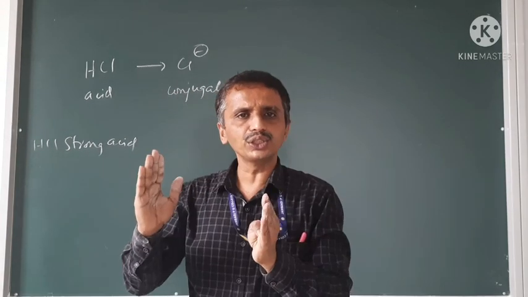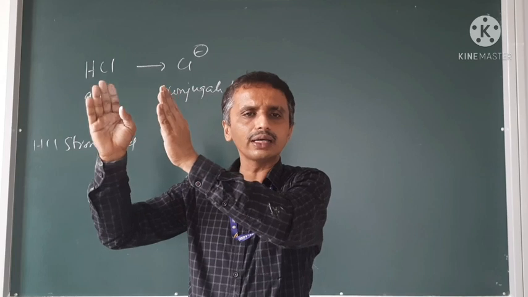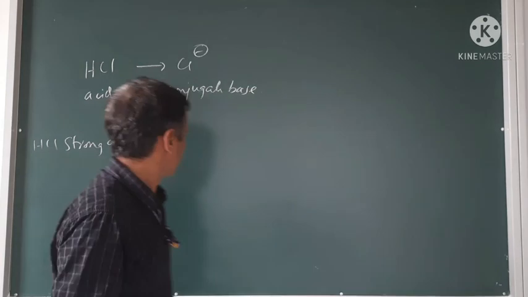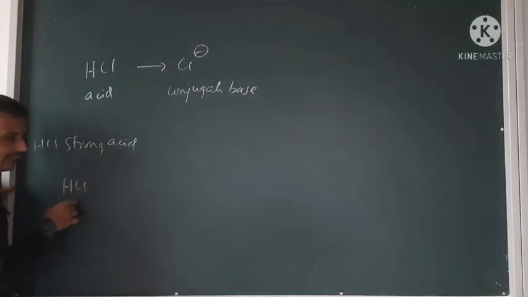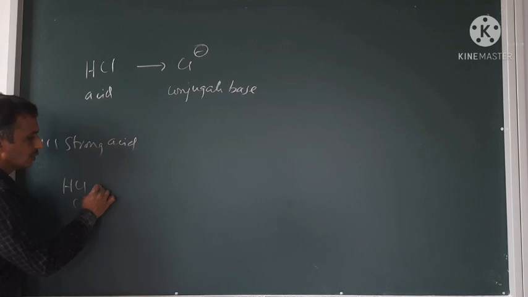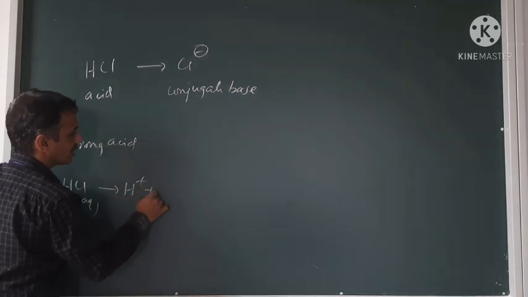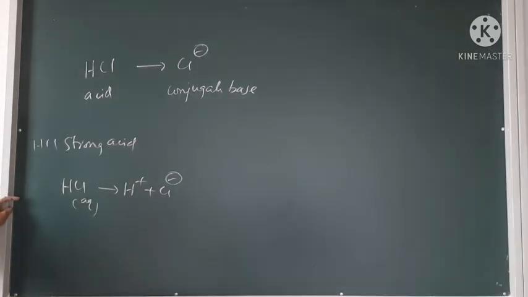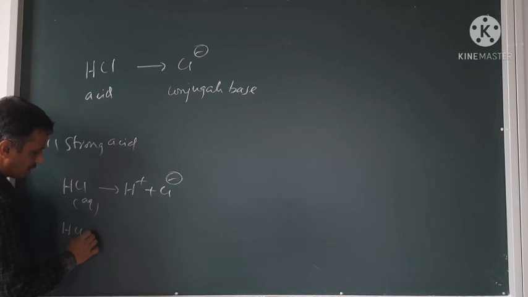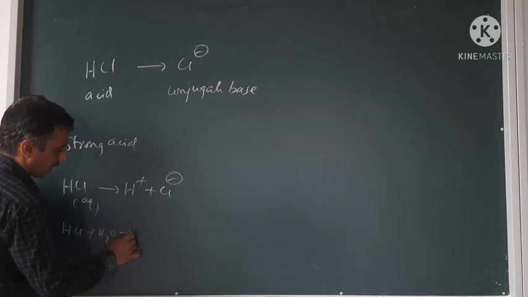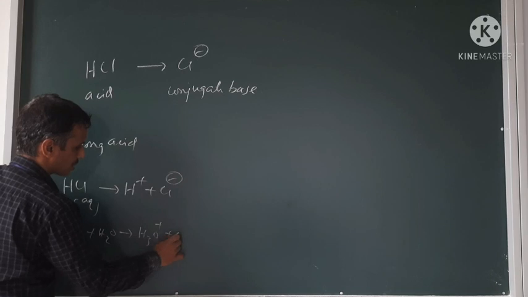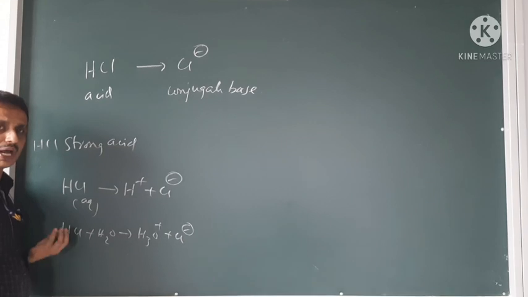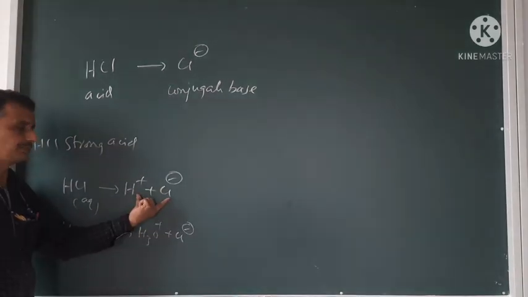See, there are strong electrolytes and weak electrolytes. HCl, when dissolved in water, almost 100% ionizes in solution. I can write HCl plus water gives H3O plus and Cl minus. Almost 100% of HCl goes to this form.